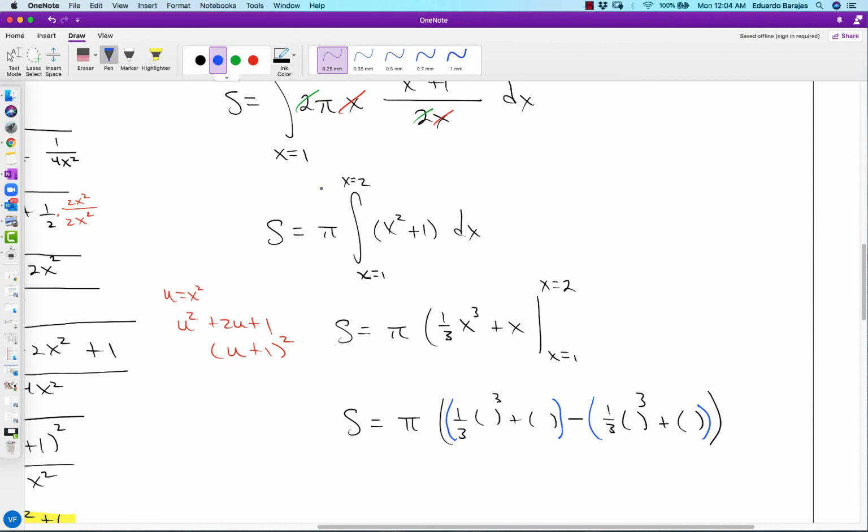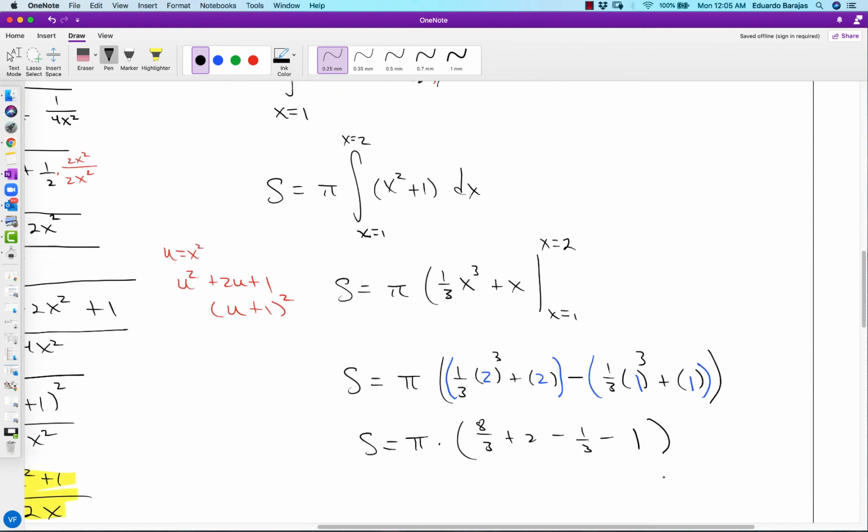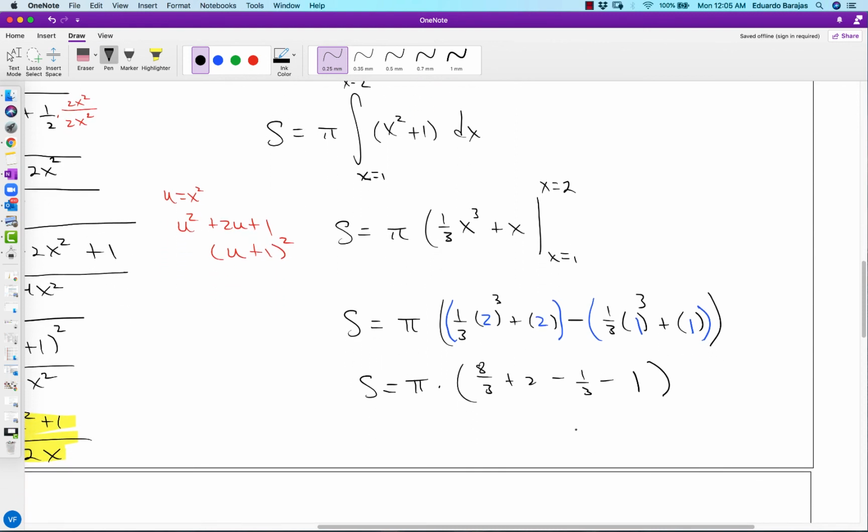Okay, so then we had 2 goes in here, 2 goes in here, and 1 goes in here, 1 goes in here. So we just have to carefully simplify that. So s equals pi times, and then this is going to be 8 divided by 3 plus 2 minus, this is going to be minus 1/3 minus 1. Okay, so the 2 and the minus 1 just becomes plus 1.